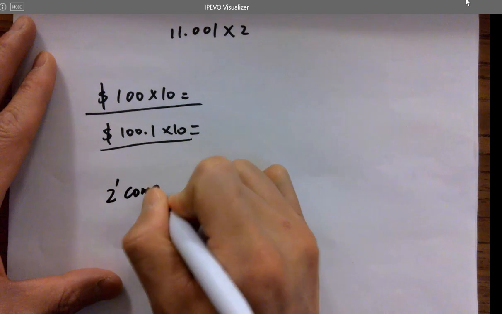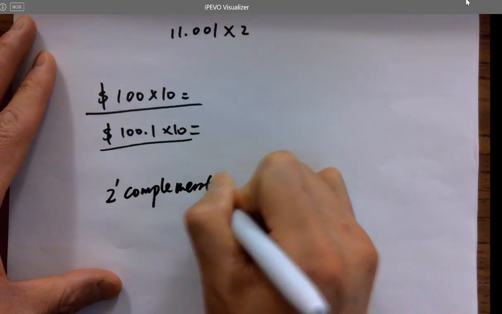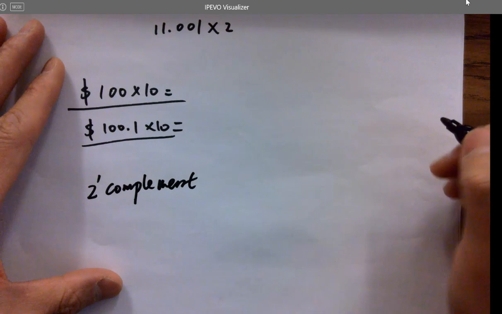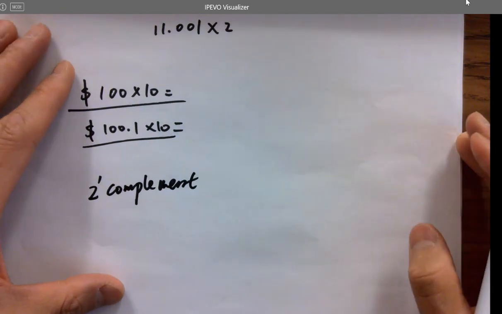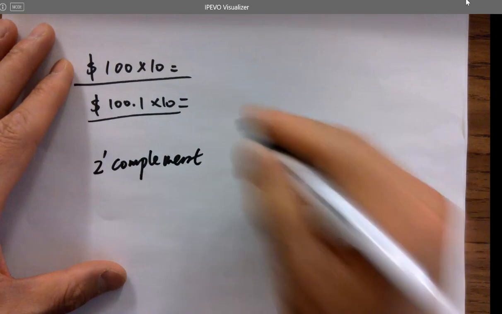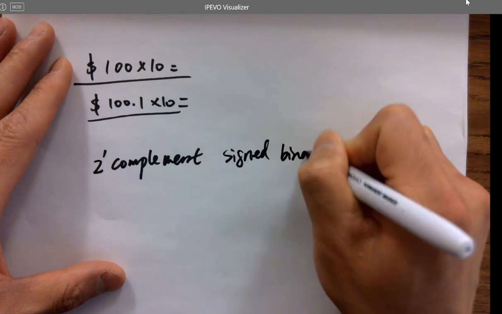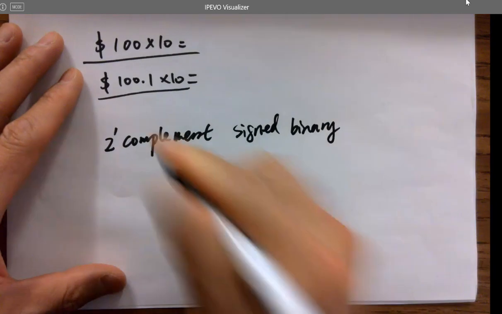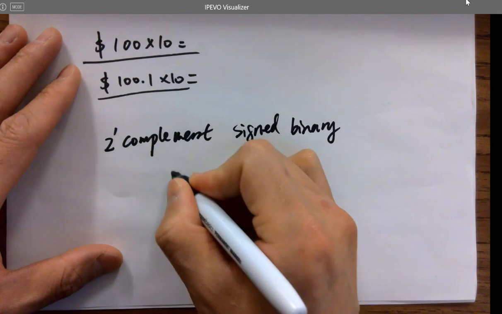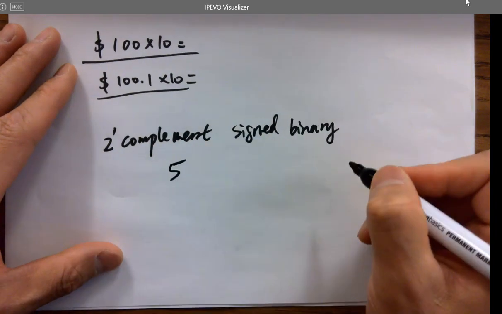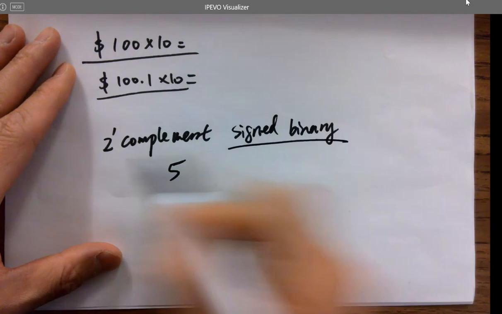And what is 2's complement? Do you remember it? It's a signed binary number, right? If I have 5 in 2's complement, what is 5?